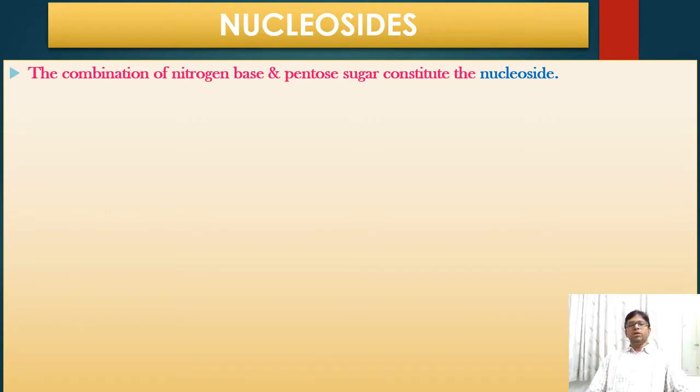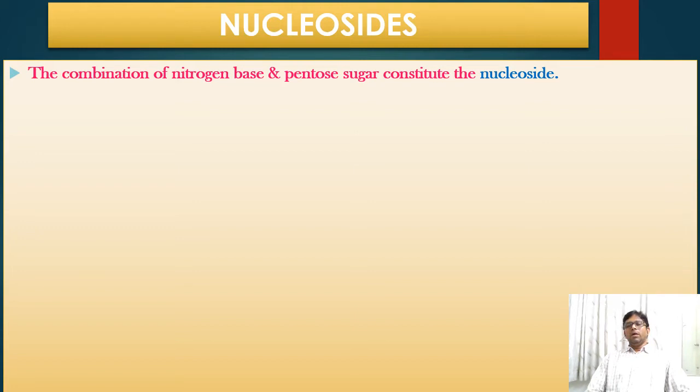The combination of nitrogen base and pentose sugar constitutes the nucleoside. In purines, the nitrogen in the 9th position binds with the first carbon of the pentose sugar.